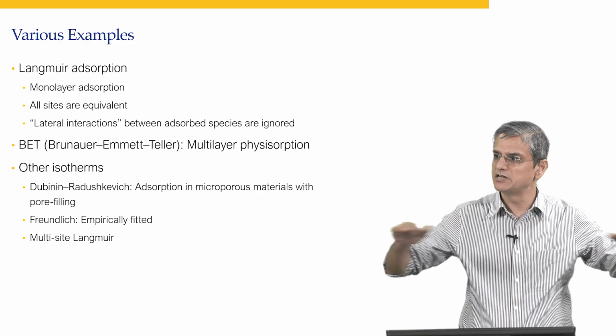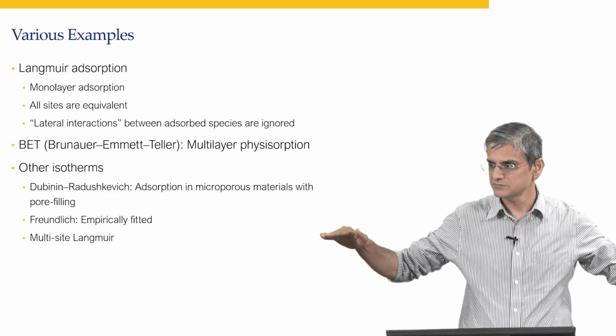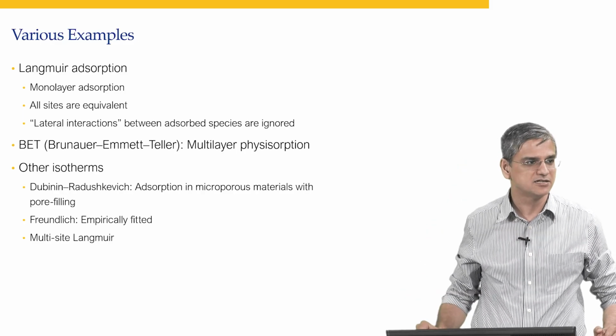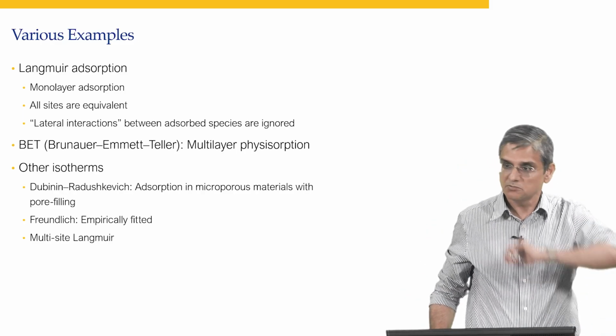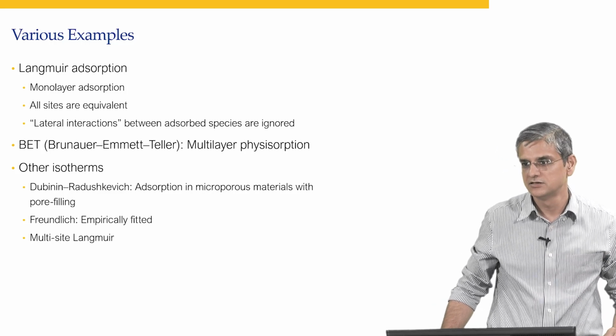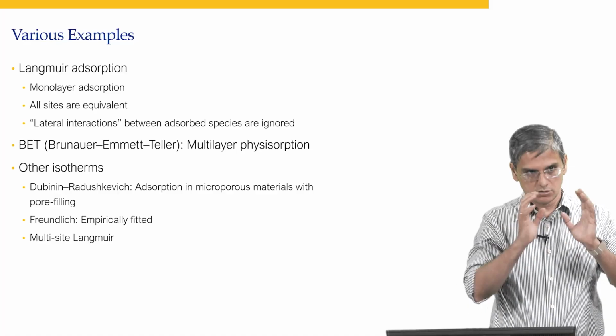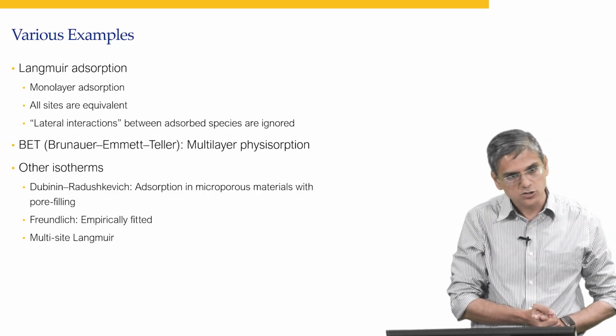Unilan assumes that the probability distribution is flat. Langmuir assumes the probability distribution is a delta function, a Dirac delta function. Remember process control, Dirac delta? Yeah. So that's what Langmuir adsorption assumes. So there are different types of adsorptions.